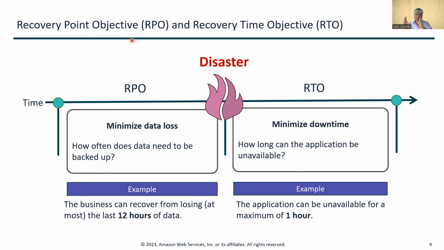So when something happens, if you back up every 12 hours, you can lose about 12 hours of data that's in process. So that is the recovery point objective.